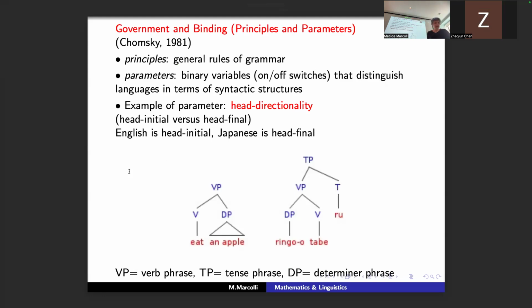The other thing that I mentioned is government and binding and principles and parameters. Transformational grammar is mostly a lot of things that happened during the 1970s. So I'm jumping basically one decade at a time in this brief summary of the history of the field. And government and binding and principles and parameters is largely what happened during the 1980s. The idea is that there are some general rules of syntax, rules of generative grammar, and some parameterization that distinguishes what changes.